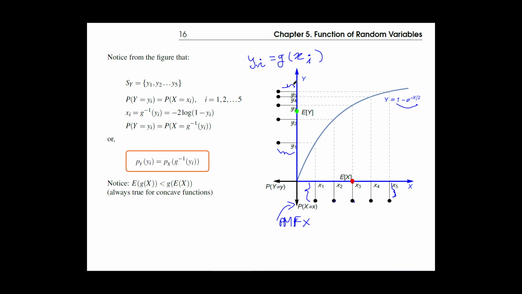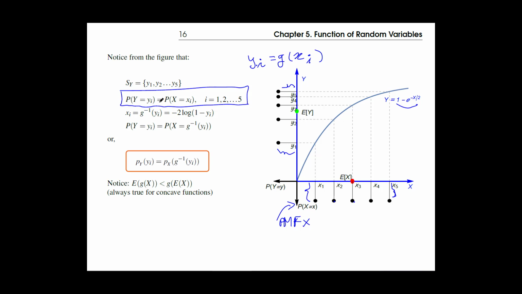It makes sense because what we're saying here is that if you want y equal to y5, for example, right here, then you need, so the event that y equals yi is exactly the same as the event that x equals xi. That's kind of the basic idea in this chapter.